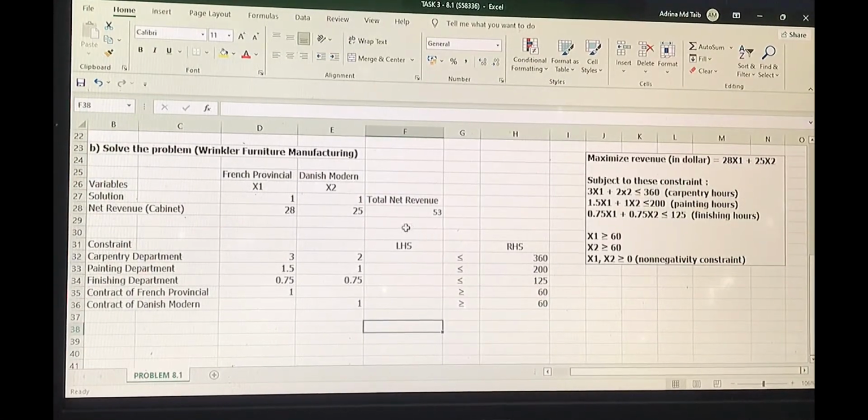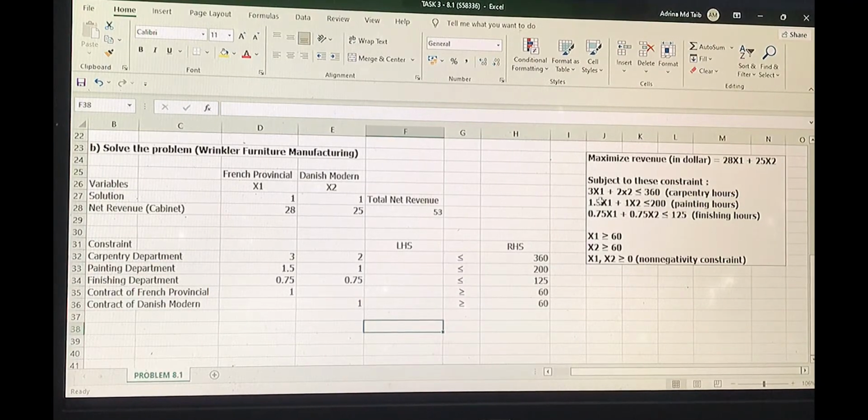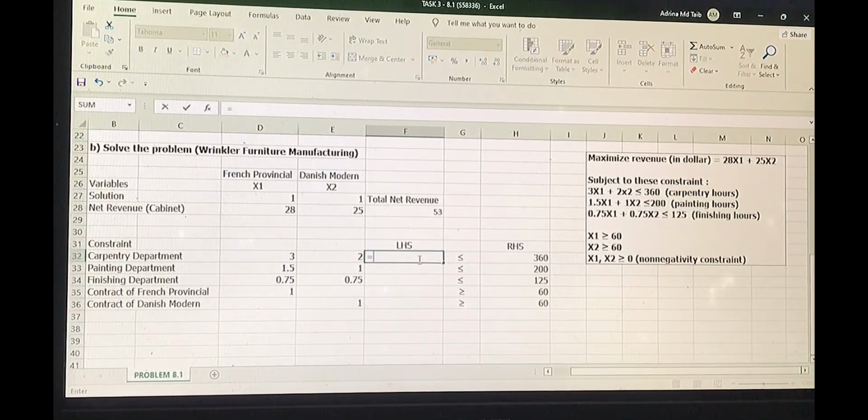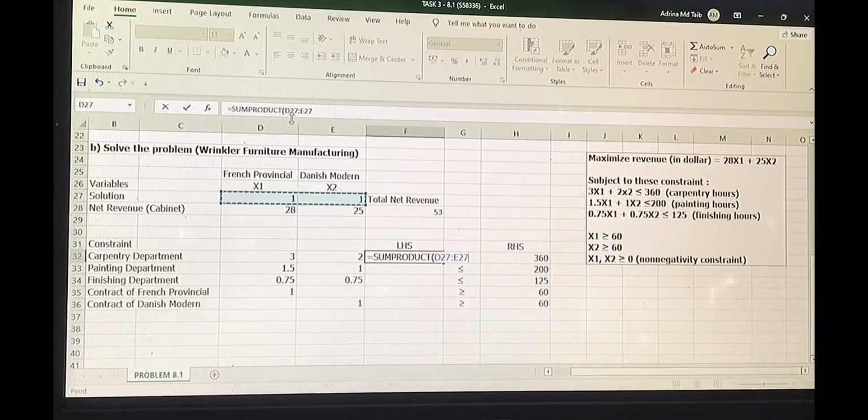And now we focus on the left hand side. The left hand side value is the calculation of 3x1 plus 2x2. So we calculate it like this: equal SUMPRODUCT, open the bracket, and we click the first line of solution, that is D27 until E27.